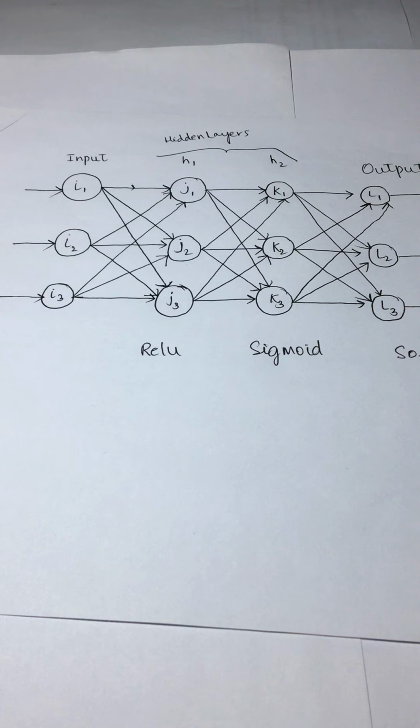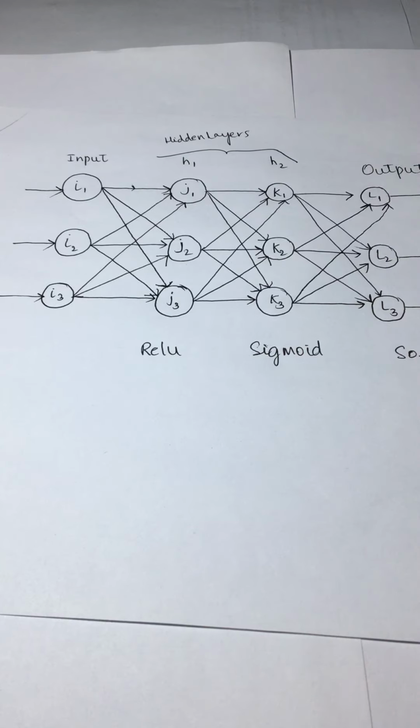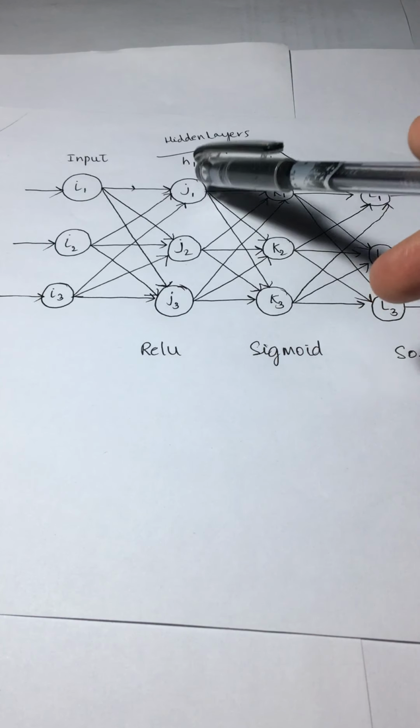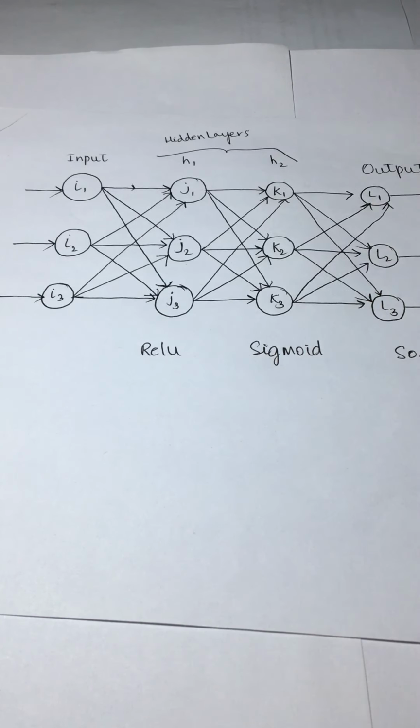Suppose in this example you move from the output layer to hidden layer H2, then H2 to H1, then H1 to input. As you back propagate your gradients, you need to calculate derivatives, including the derivatives of the activation functions. That is one of the main reasons why activation functions need to be differentiable.